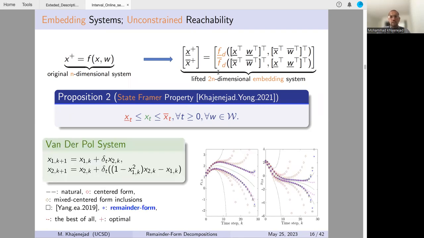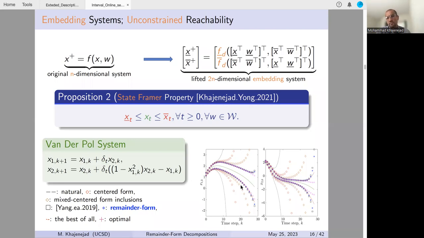We applied it to several systems, for example, this Van der Pol system. As you can see, the reachable tube of this remainder form system, the blue boxes, is tighter than all the other tractable ones, and it is only worse than the optimal ones.